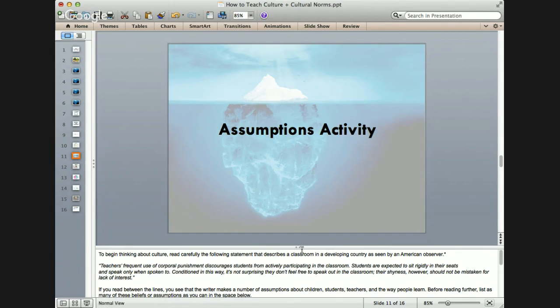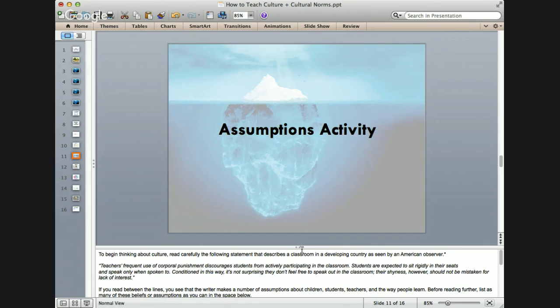He's definitely coming from American culture, where we value individualism and having our own opinions, and that speaking-out kind of culture that we have here.